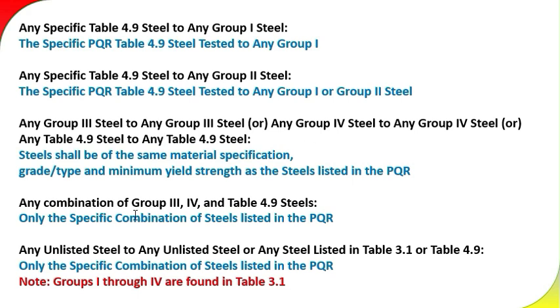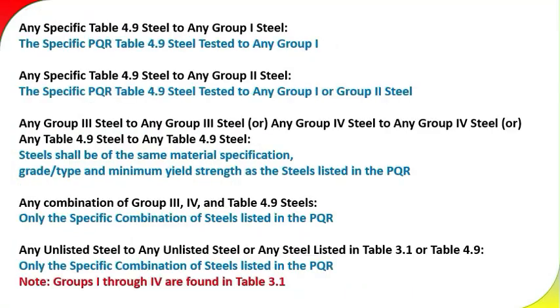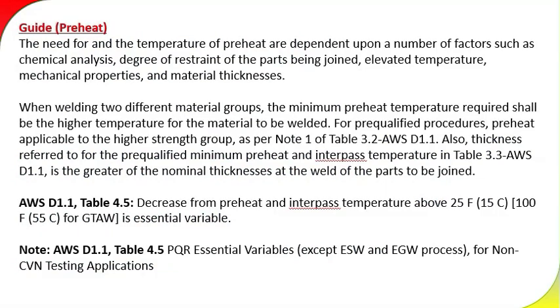So this is a very clear understanding. You can check which groups are qualified, and what the qualification range will become. So you understand the base metal selection here. All these things you can get from AWS D1.1, but this is for easy retrieval, in the easiest way.